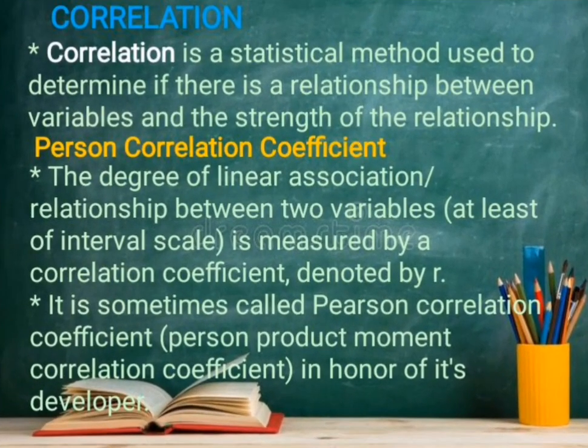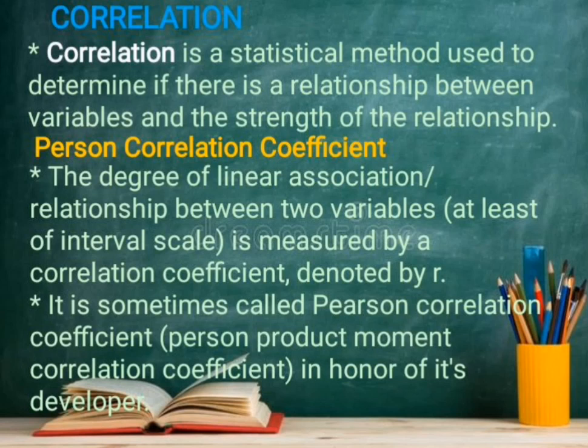Correlation is a statistical method used to determine if there is a relationship between variables and the strength of the relationship. Meron tayong dalawang ginagamit for correlation. Isa na maganda siyang gamitin, the Pearson correlation coefficient. What is this?